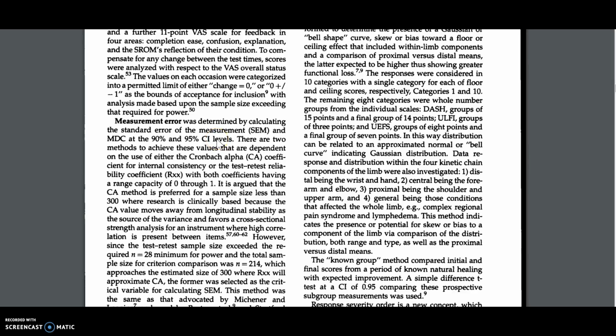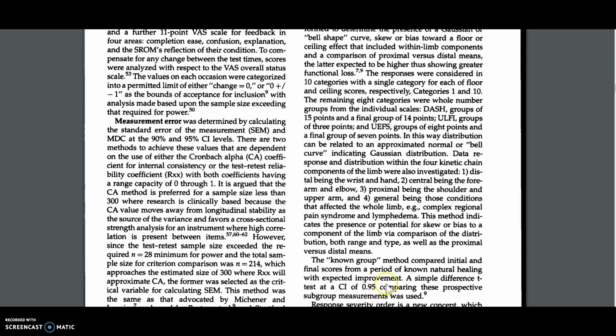Okay? And to do so there are two methods to achieve these values. In order to calculate the minimally detectable change, they used a Cronbach alpha, so just a CA coefficient for internal consistency, or the test-retest reliability coefficient. These are additional inferential statistics that you can use to calculate these things.